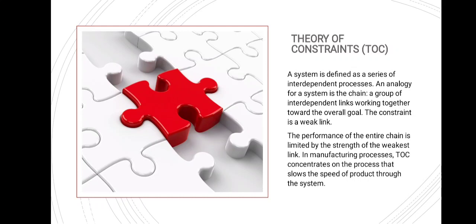The performance of the entire chain is limited by the strength of the weakest link. In manufacturing processes, TOC concentrates on the process that slows the speed of the product through the system.